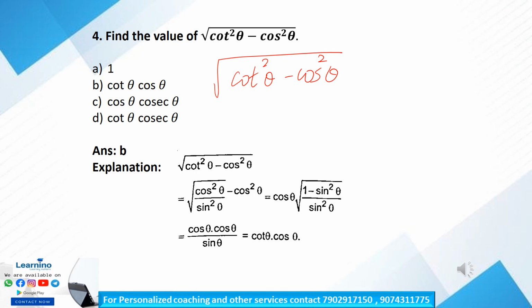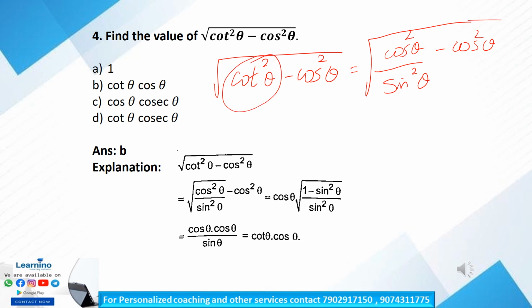So root of cot square theta minus cos square theta can be written as root of cos square theta divided by sine square theta minus cos square theta, isn't it? So we can write cot square theta as cos square theta divided by sine square theta. Okay, then taking cos square theta outside.